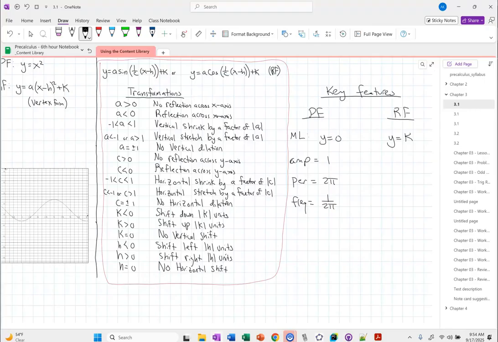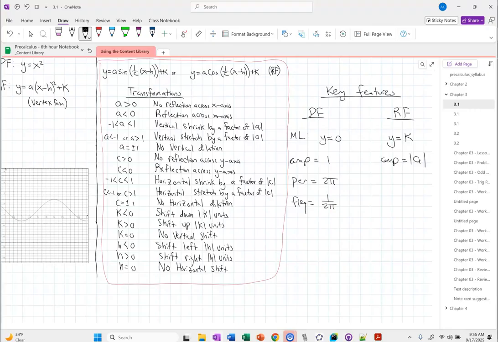And that's the one that controls it. So the amplitude is just going to be the absolute value of the A. So again, the A is this number out front. When we talk about the A, H, and K, we're all talking about the coefficients in our resultant transformation function. Does everybody feel good there?